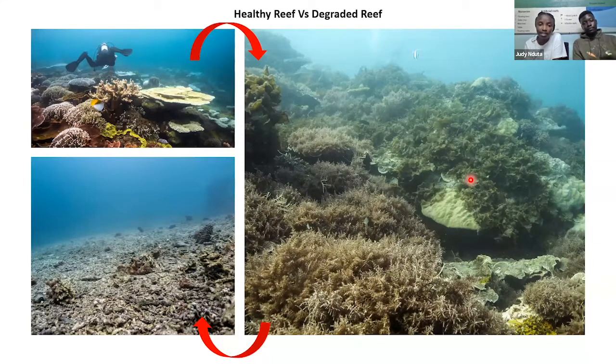So it's not dead because we can see a healthy part over here, but it's overgrown by macroalgae. So this can happen due to various conditions. But one of the conditions that can bring about such a condition is overfishing of herbivorous fish.